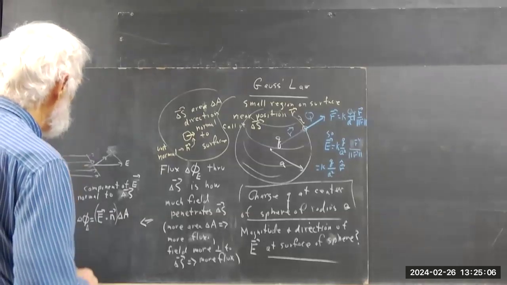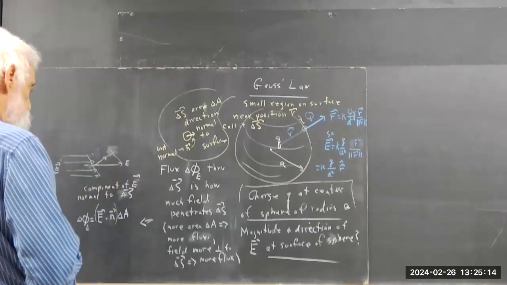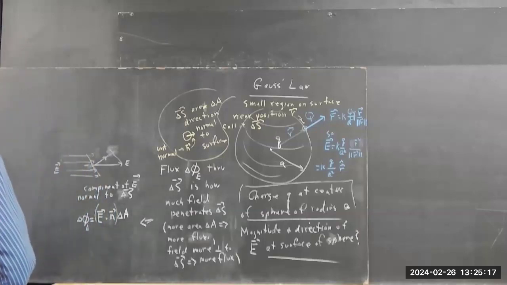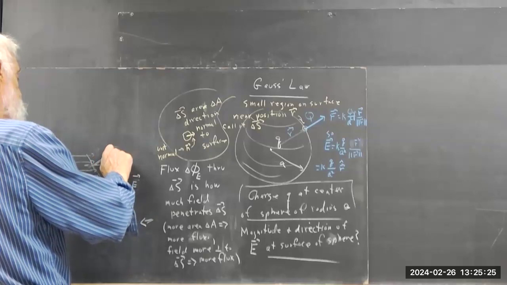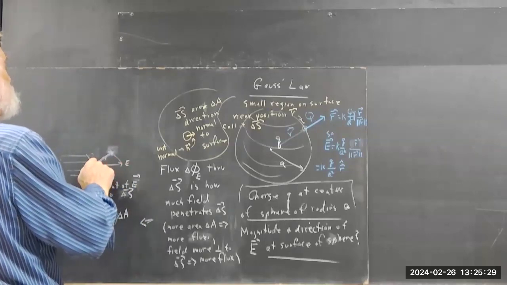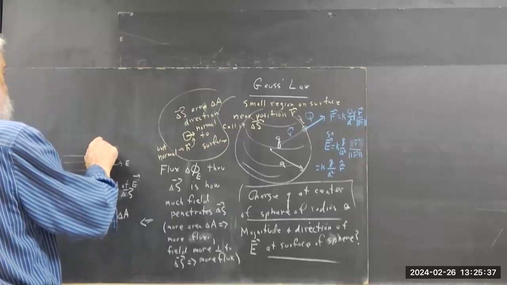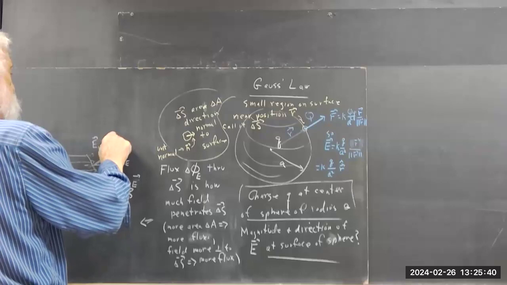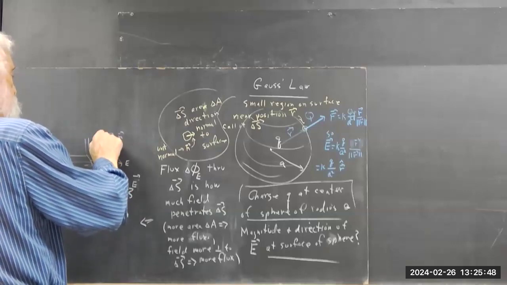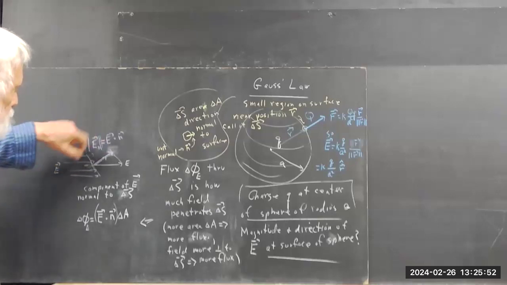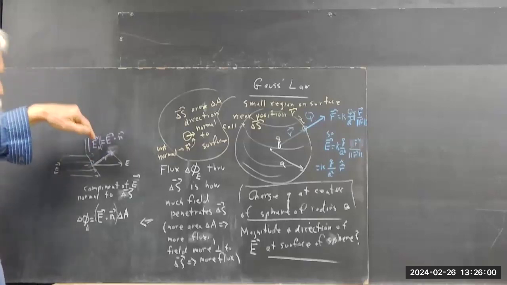I define it like this. This vector is EN, the part of E normal to the surface.